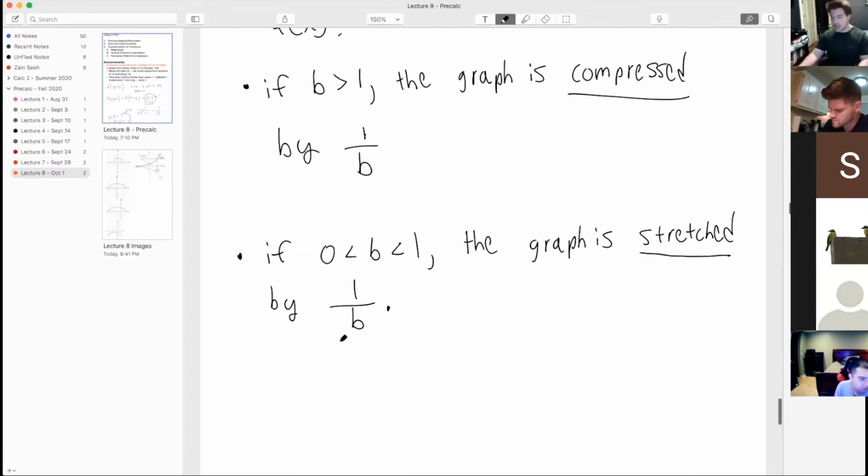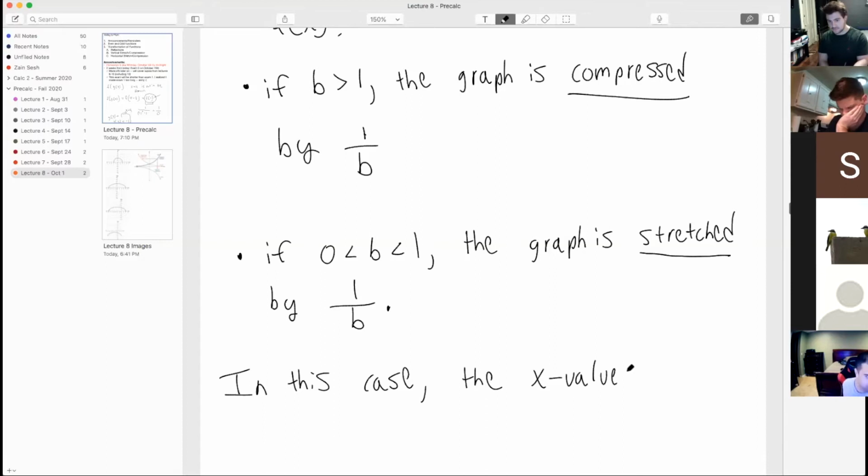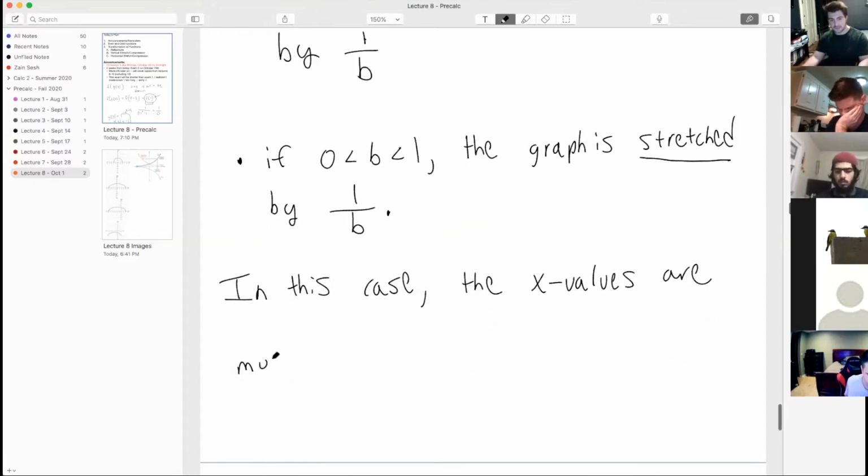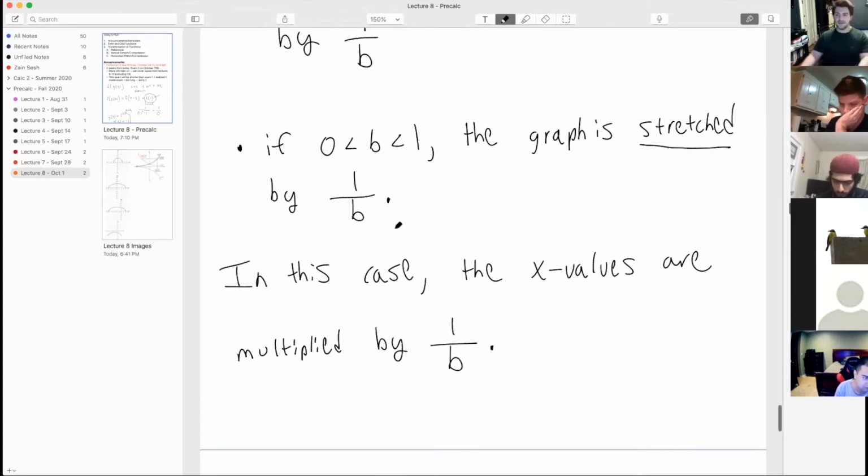All right, and what is the algebra that goes along with this? So in this case, what do we do to the actual coordinates? The x values are multiplied by 1 over b. 1 over b, not b, 1 over b, right?